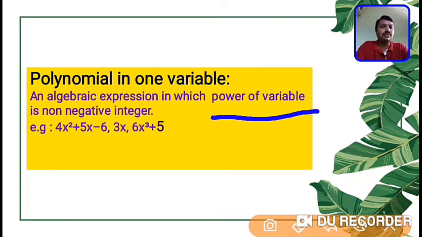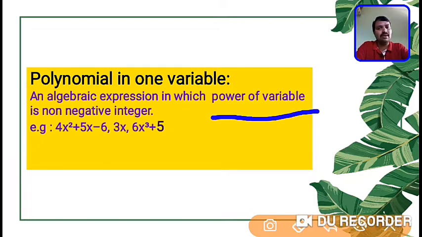What is the meaning of non-negative integers? Means the power will be always 0, 1, 2, 3 and so on. Means the other name of non-negative integers is whole numbers, so power must be whole number.